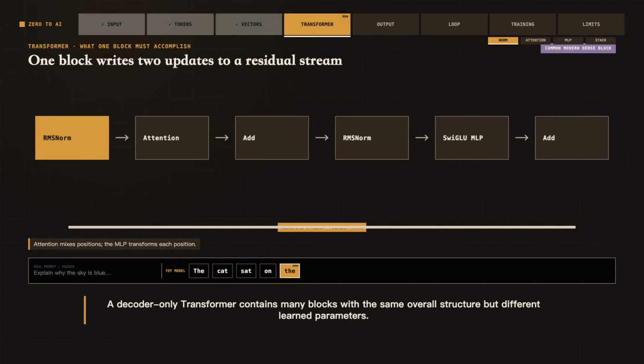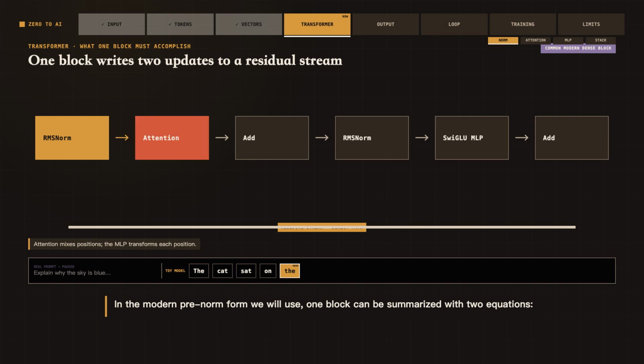A decoder-only transformer contains many blocks with the same overall structure, but different learned parameters. In the modern pre-norm form we will use, one block can be summarized with two equations.